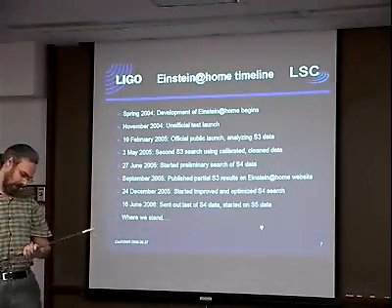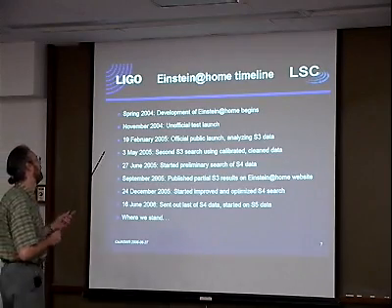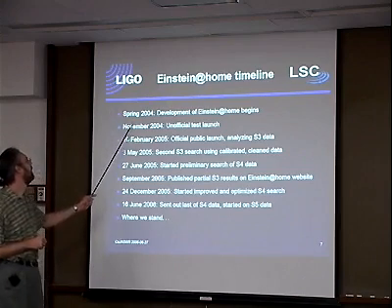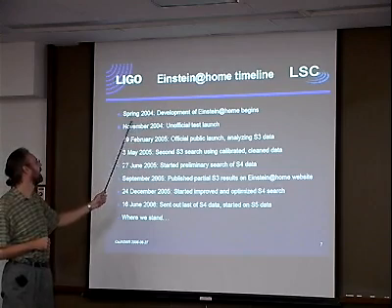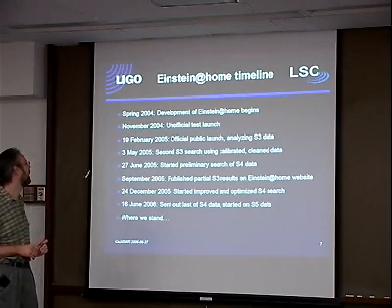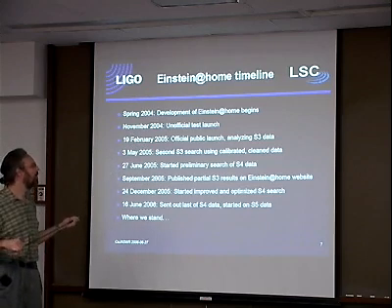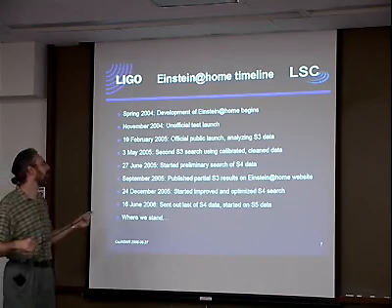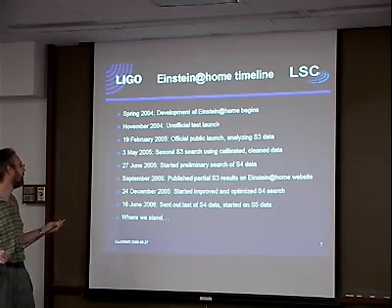So let's give a timeline for Einstein at Home. Development of Einstein at Home began in the spring of 2004. By November 2004, it was ready for testing, an unofficial test launch on a small group of users.